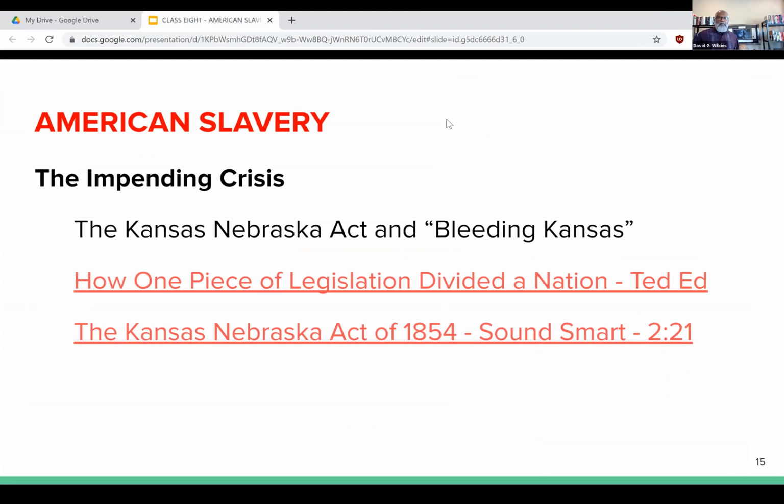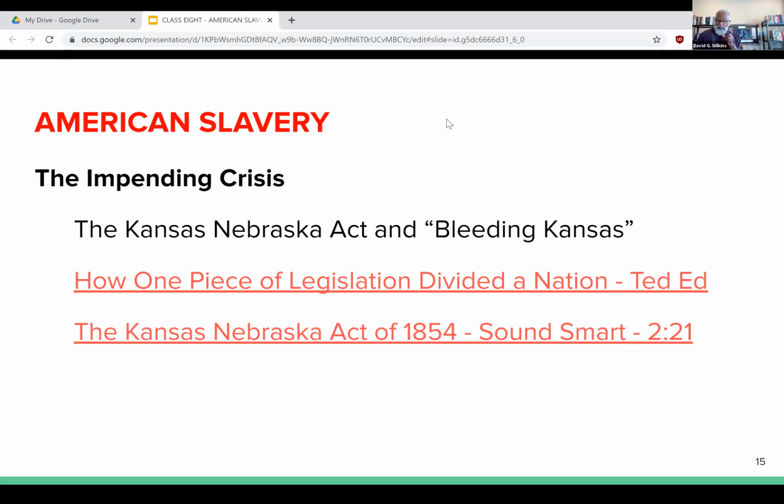We could probably argue that indeed the Kansas-Nebraska Act and the bloodshed that followed, Bleeding Kansas, was the first blood shed in the Civil War. The reference, of course, to John Brown, a well-known episode, and of course Brown is going to gain greater fame with his attack on Harper's Ferry in two years hence, 1858.